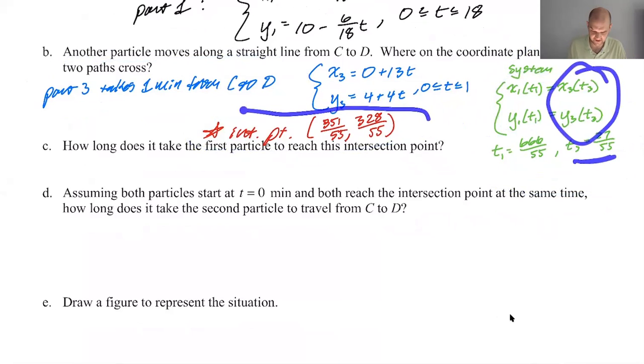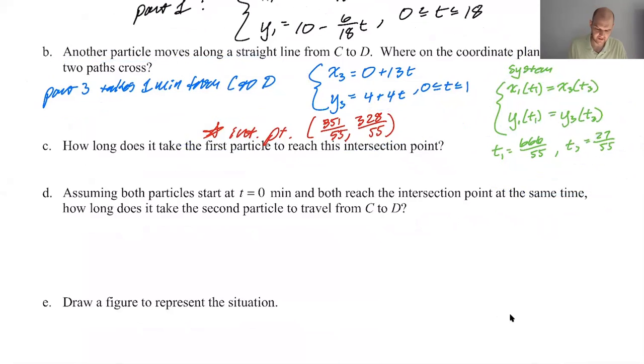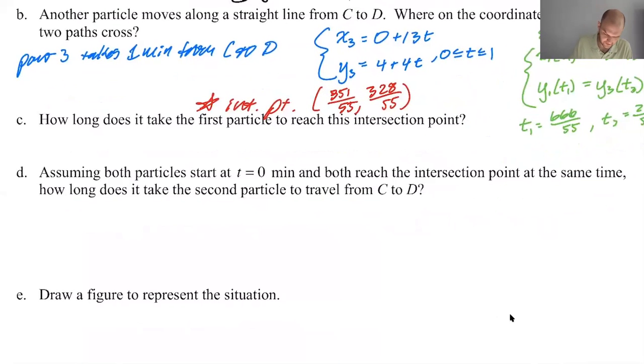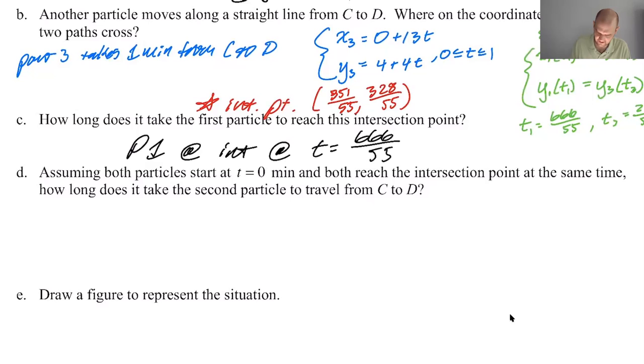Both of them gave me this. This is the intersection point. By solving the problem this way, we also figured out when particle 1 is at the intersection, at t equals 666 over 55 minutes.